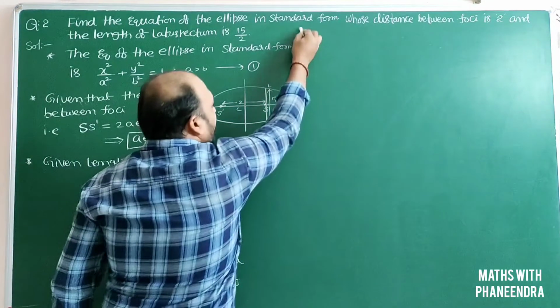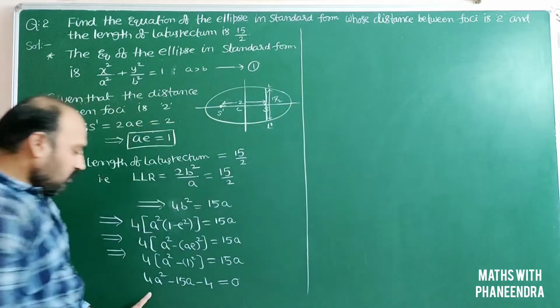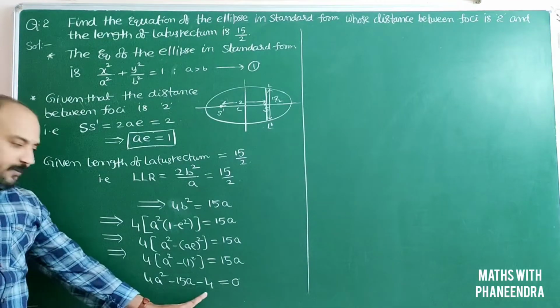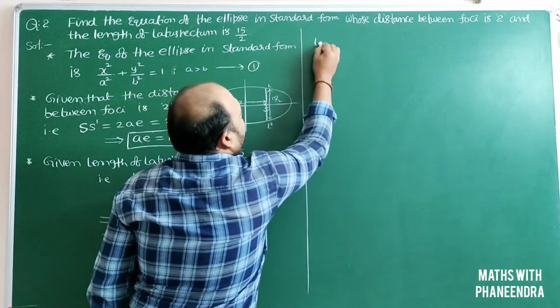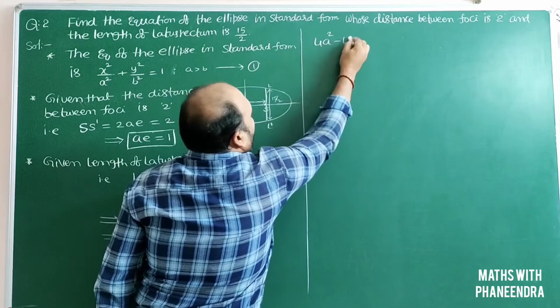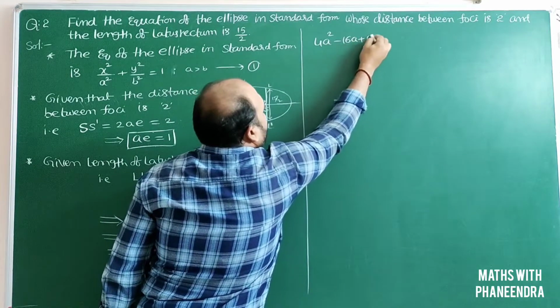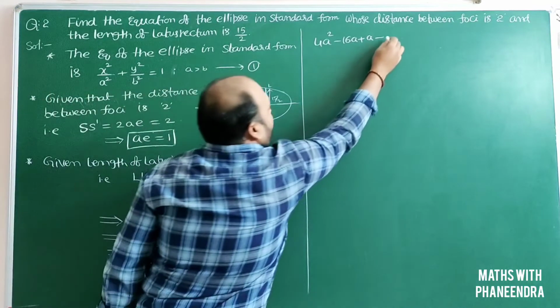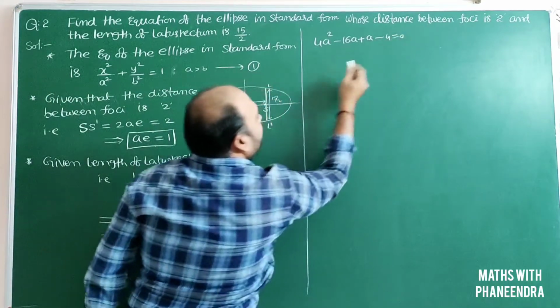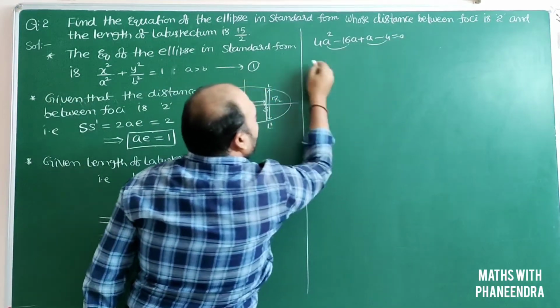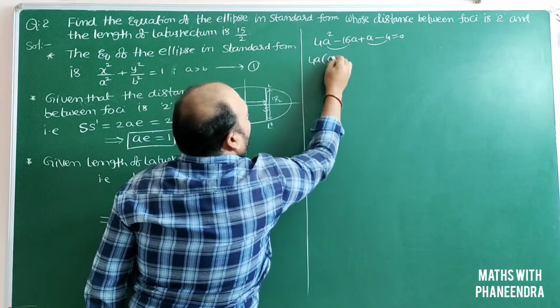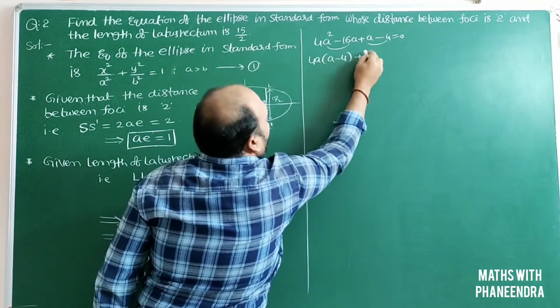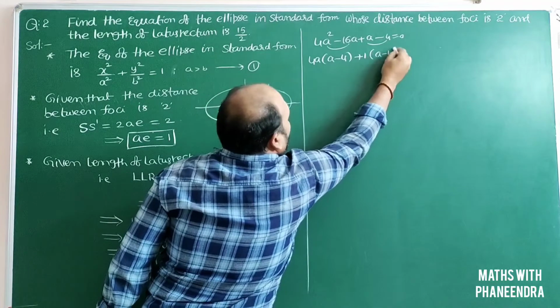To get the values of a: 4a square minus 15a minus 4. So 4a square minus 15a can be written as minus 16a plus a minus 4 after that. So from these two, 4a into a minus 4 plus 1 into a minus 4 equal to 0.